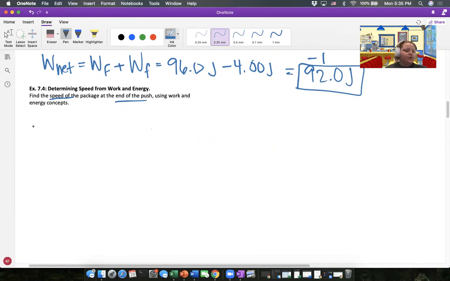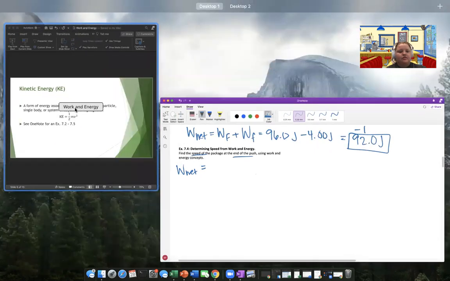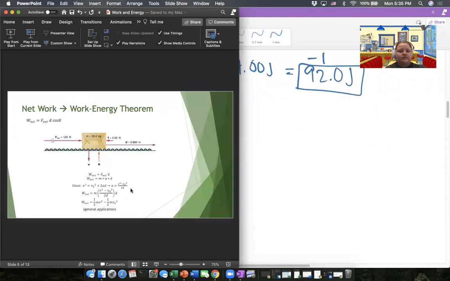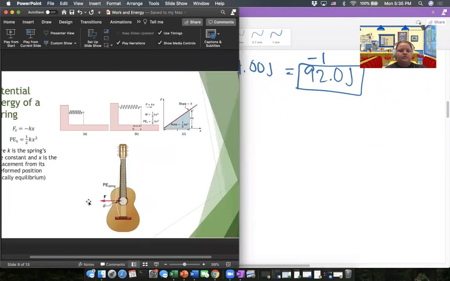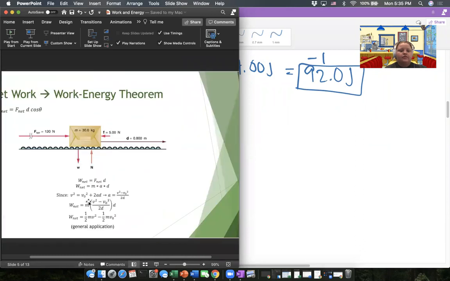For this one, we can remember that our net work is equal to this equation at the very bottom here.